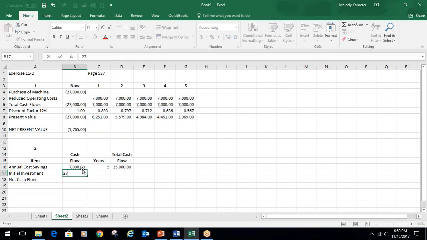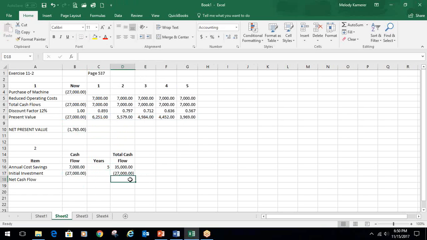Our initial investment was 27,000. So our net cash flow is the sum of those two. And our net undiscounted cash flow is $8,000.